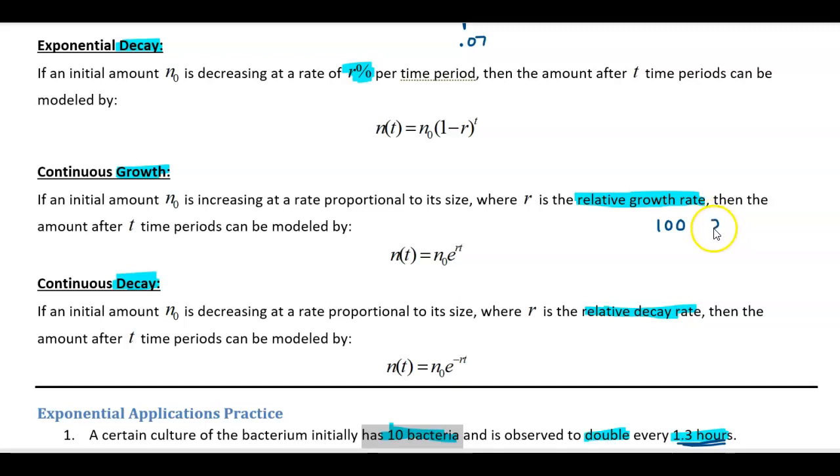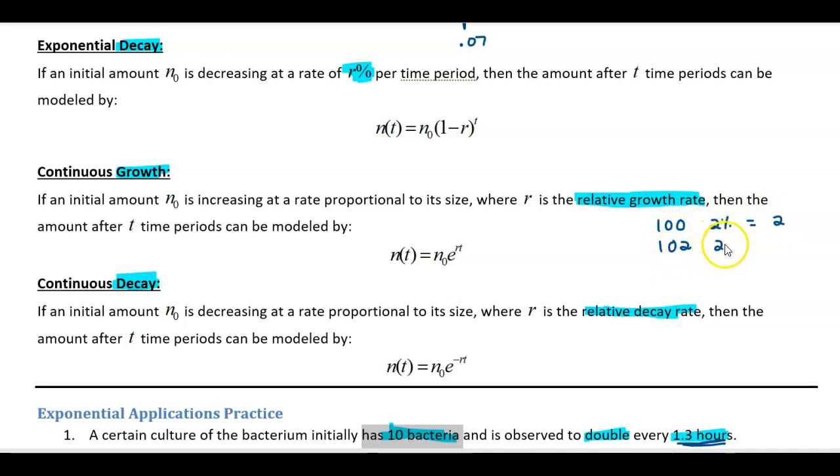Well, 2% of 100 is 2, and so now your new amount would be 102, because you started with 100, you had a growth of 2, and now you have 102.